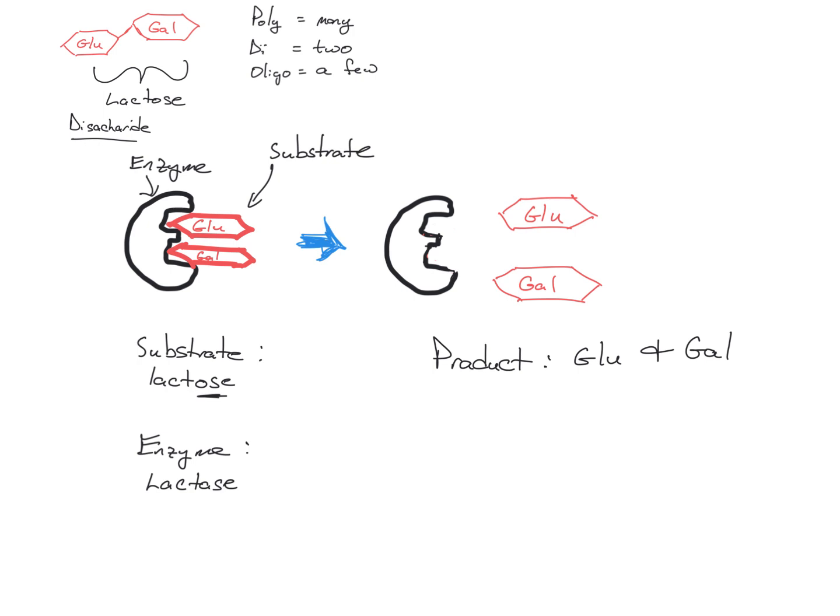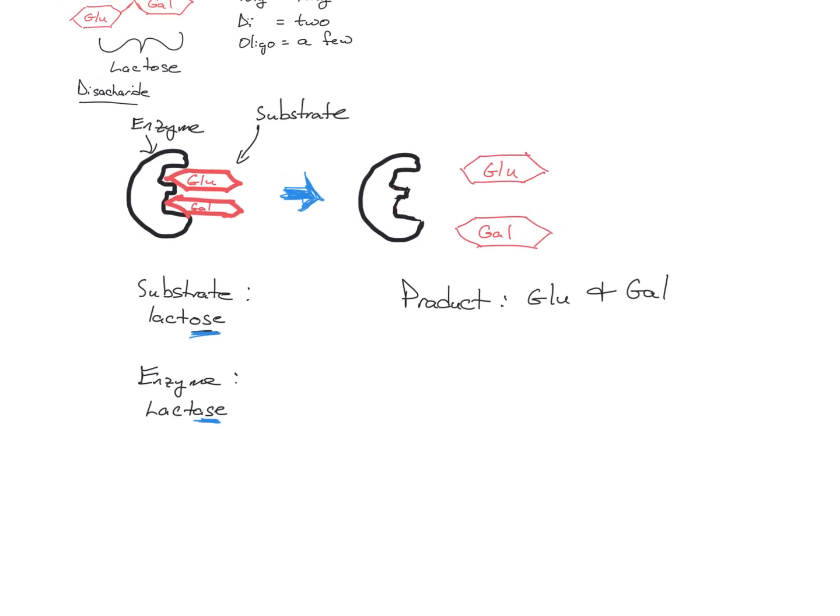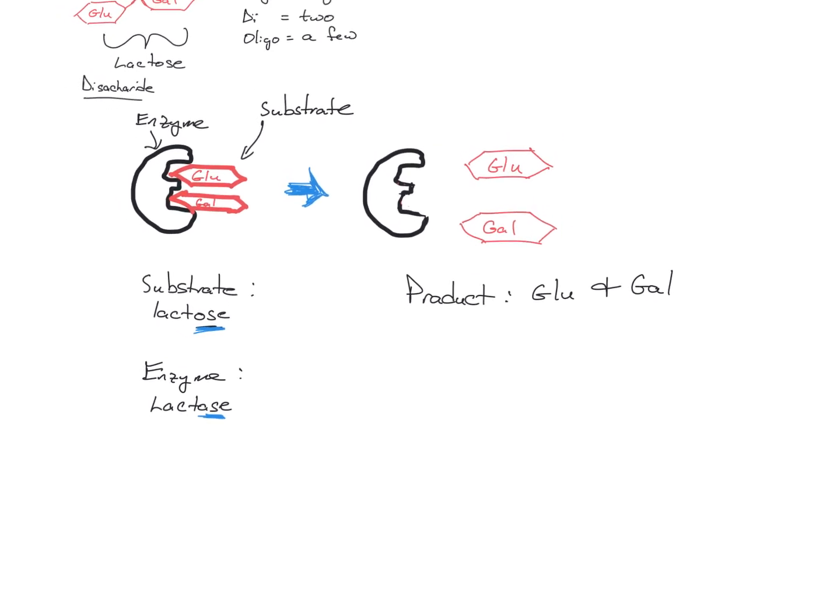If it ends with ASE, it means enzyme. If it ends with OSE, it means sugar. So you started with a disaccharide, glucose and galactose chemically bonded together, and you end up with glucose and galactose as products.